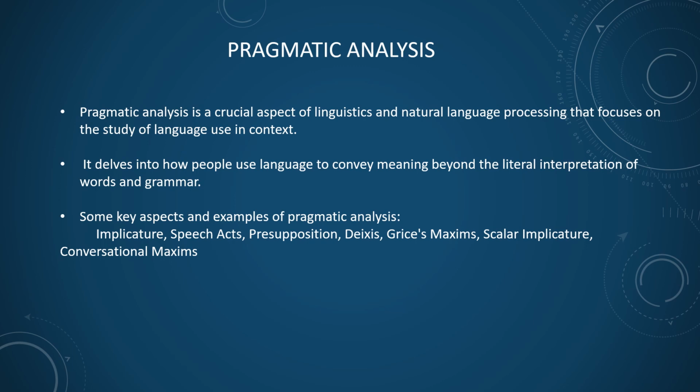For instance, if someone asks, "Do you have the time?" and you respond with, "I have a watch," the implicature is that you are not willing to share the time. And the other one is conventional implicature. These are implied meanings that are associated with specific words or phrases. For example, saying "but" after a sentence implies contrast or contradiction.